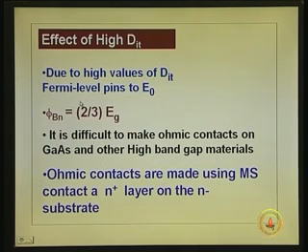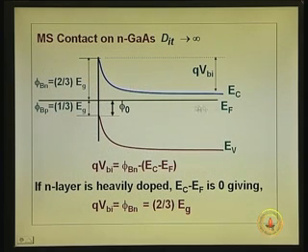So, now reiterating what we said, due to high values of DIT, the Fermi level pins to E naught. What has happened now is the Fermi level has gone and locked on to that E naught level. When you say the high value of DIT makes this quantity equal to phi naught, what is meant is that E f has aligned with respect to E naught.